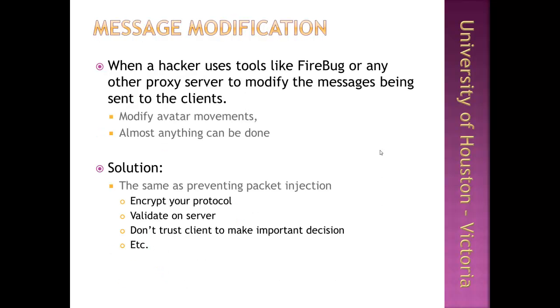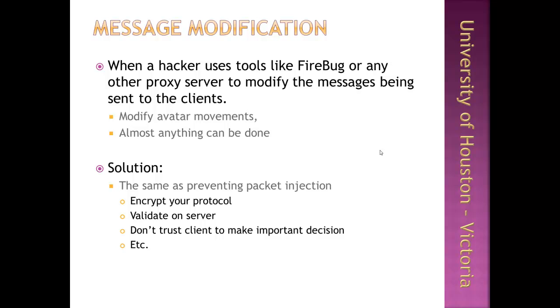The next potential attack is message modification. Message modification, which can also be considered a brother of packet injection, is when the hacker uses a tool like Firebug, which is a Firefox add-on, or a homegrown proxy server, as we discussed earlier, to modify the messages that are being sent from client to the server.